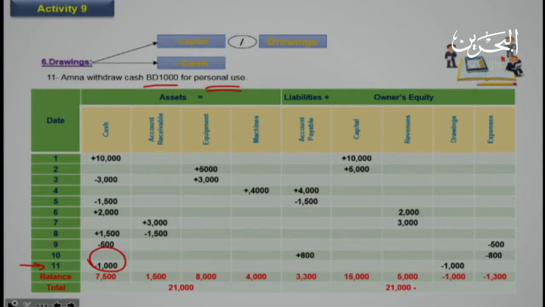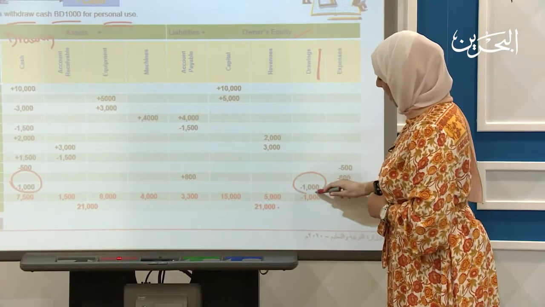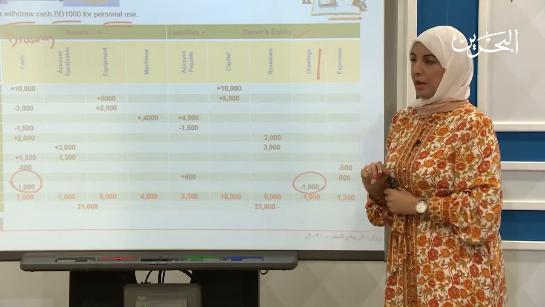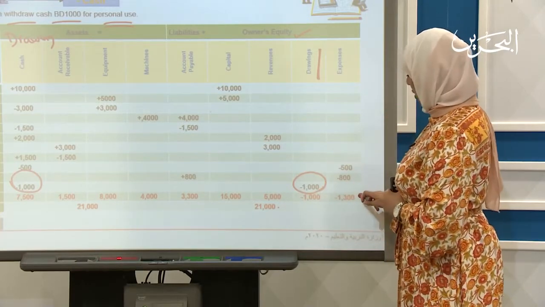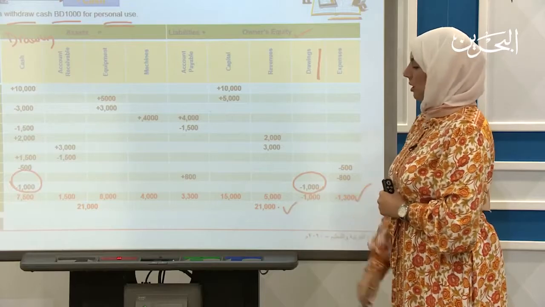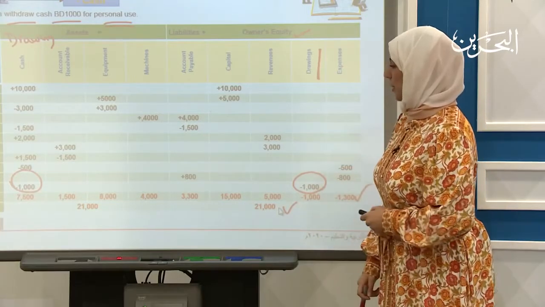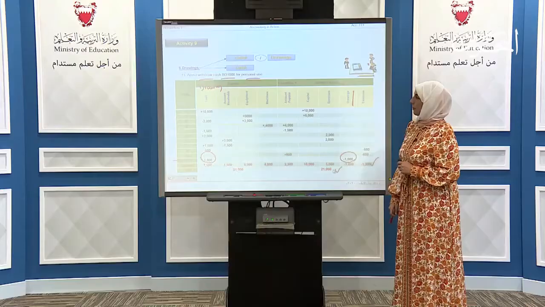And then I know the withdrawal, or the drawing, is an example under the owner equity. So, coming to the section of owner equity, under the drawing, I will increase it by 1,000. And finally, as I know, I should find the balance of each account, keeping my equation equal: the asset side with the total side of total liability and owner equity.